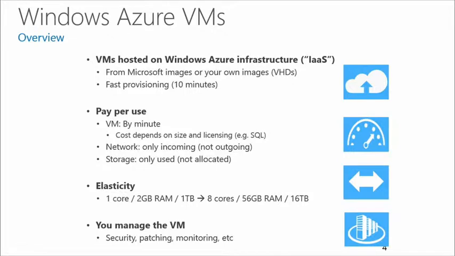There is a host machine that is hosting virtual machines for you. You can bring your own images. You can prepare, for example, VHDs on-premise and then upload them to the cloud and provision virtual machines out of those images. Or you can create virtual machines from the images that Microsoft provides. We'll have many images for the different products that we have in Microsoft. And one of those products is SQL Server.